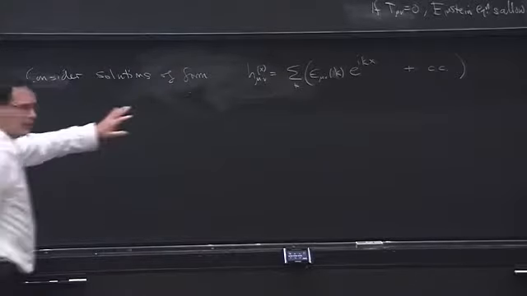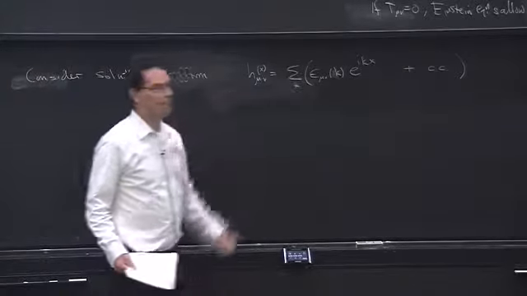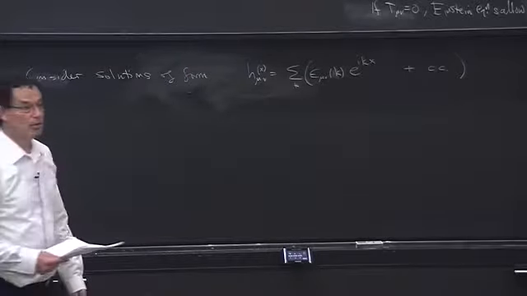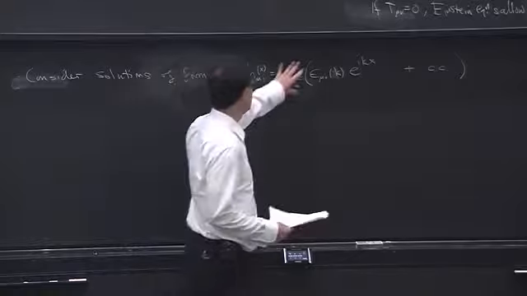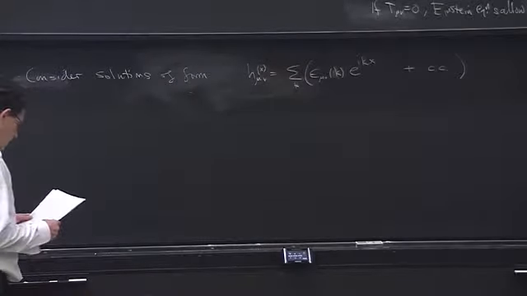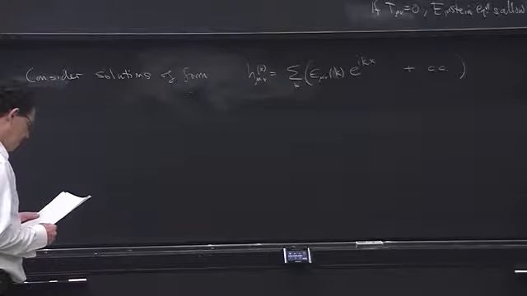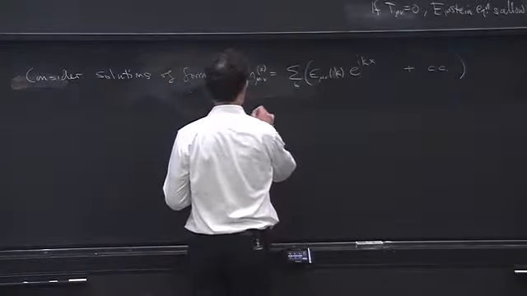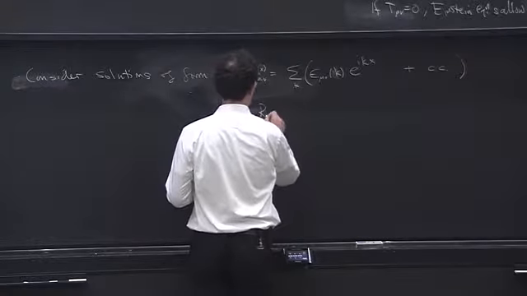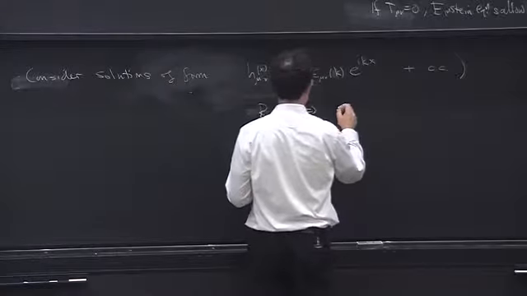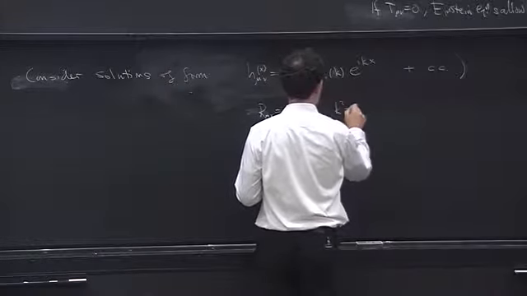When I write sum over k, by that I could mean a continuous integral over k, could be the integral d⁴k. It's just a formal notation for summing over all values of k. Of course, if that's a solution, you must have R_{μν} equals 0, which implies that k² is 0.